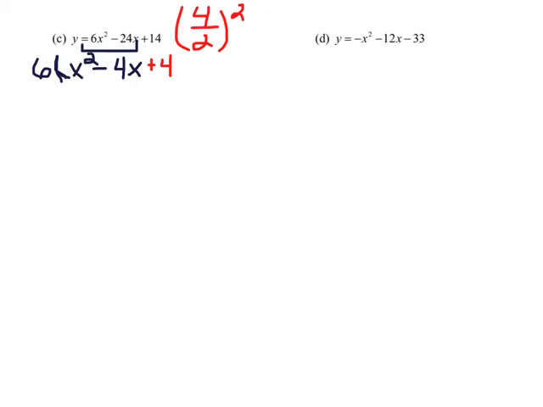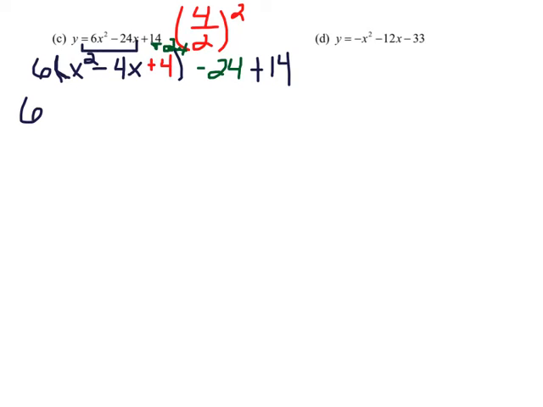What did I really add, though? 6 times 4 is 24. So I really added a 24. So if I really added a positive 24, what do I have to subtract? Negative 24. So let's go ahead and factor.